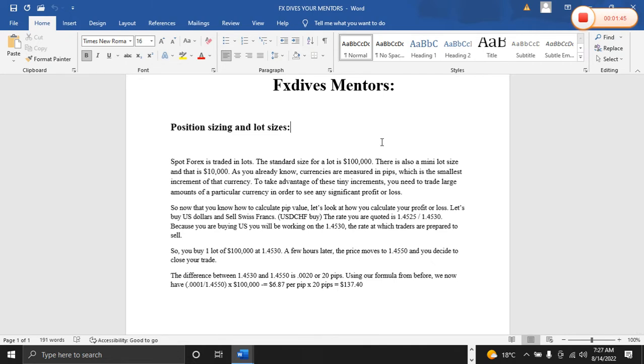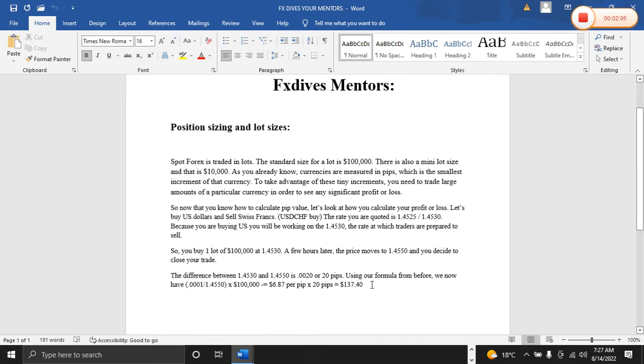There is also a mini lot size, which is for a 10K account. So if you have a 10,000 US dollar account, that means you must be using a mini lot. A mini lot is lower than a standard lot.